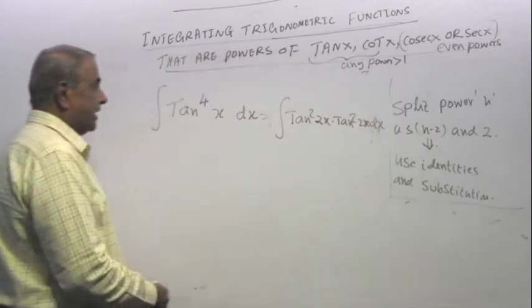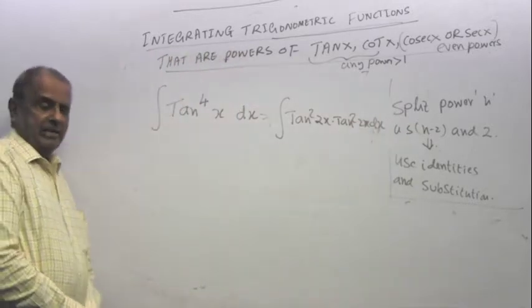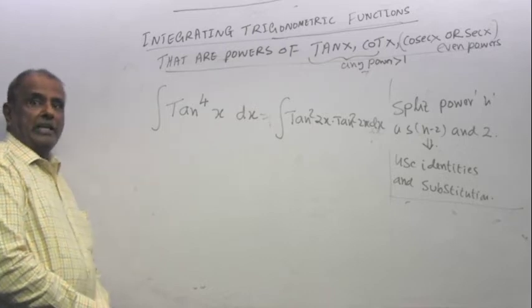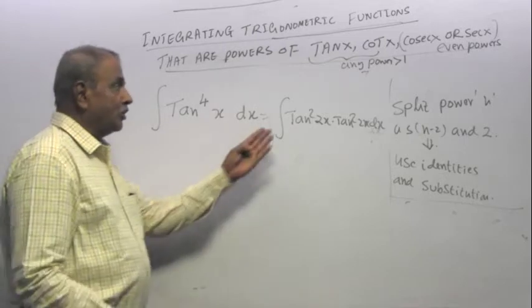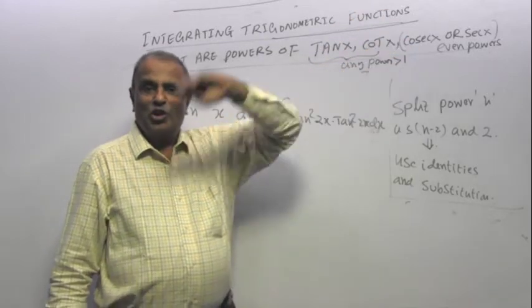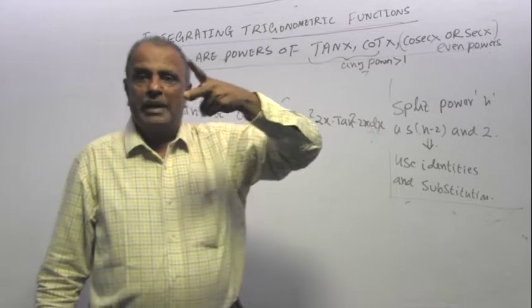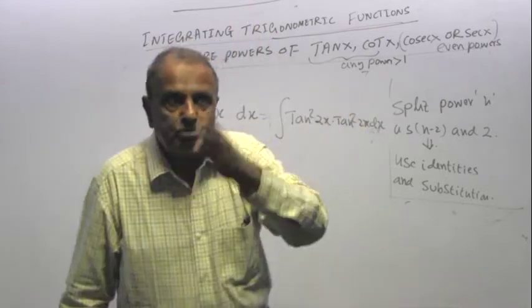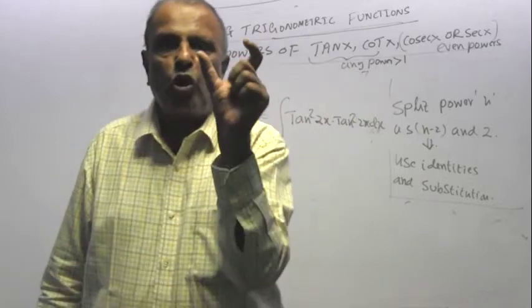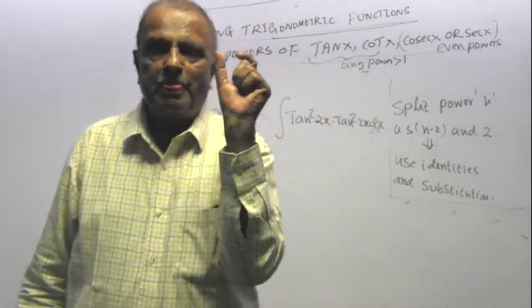I cannot integrate tan power 4, I can't integrate tan squared. But I know tan squared is sec squared minus 1. But don't use it for both, then you end up having a sec power 4. So whenever you split, if both powers are the same even powers, then substitute for only one of them.